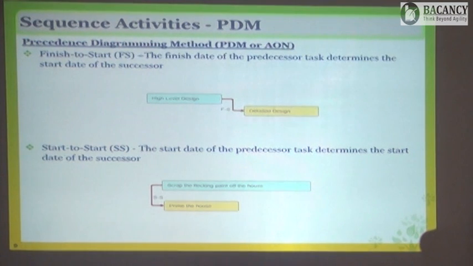How can you have a start to finish? Let's say this activity is your kickstart of the deployment process. Suppose you have constructed a huge building, and tomorrow you are going to start the kickoff meeting for the deployment process. There are certain activities which will take 2 months.